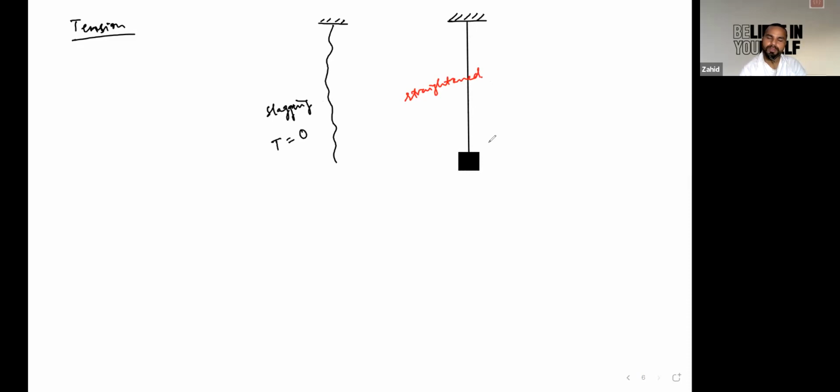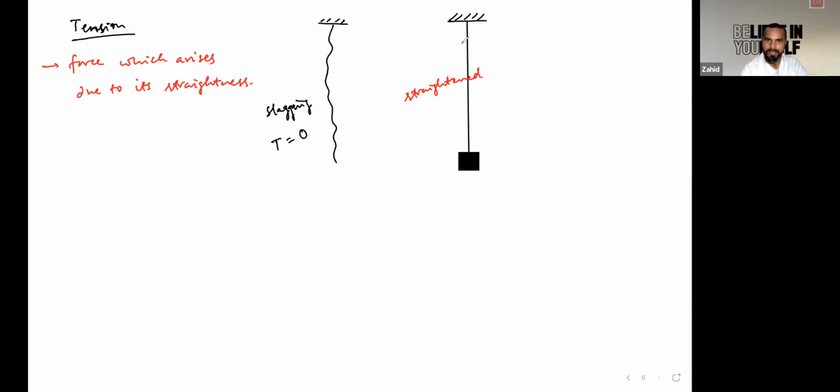So the force which arises in any string, rope, or wire due to its straightness is called tension. So tension is nothing but a force which arises due to its straightness.